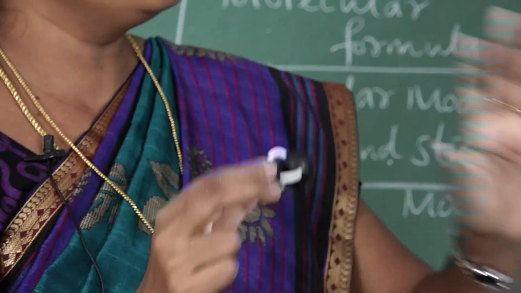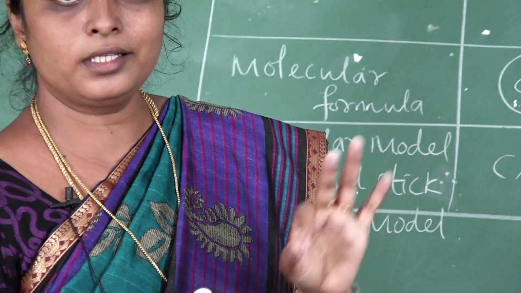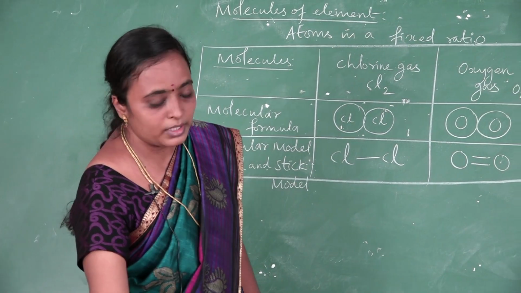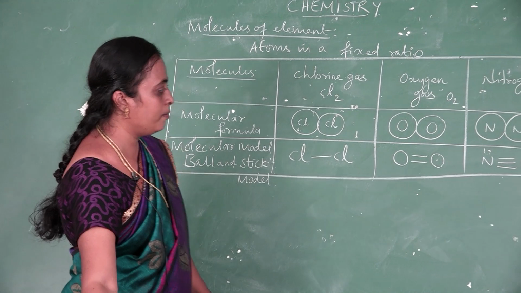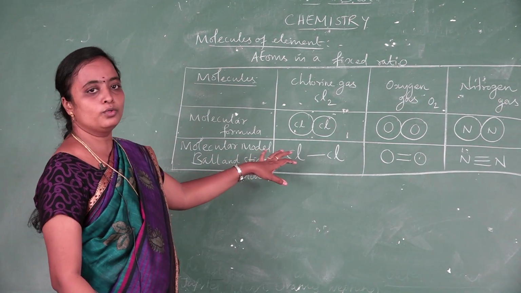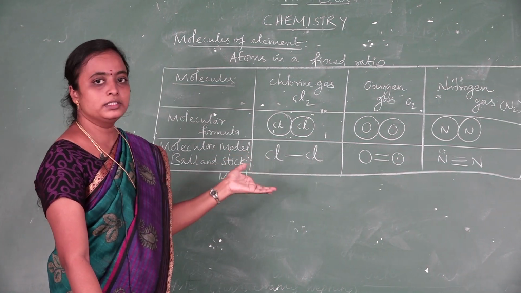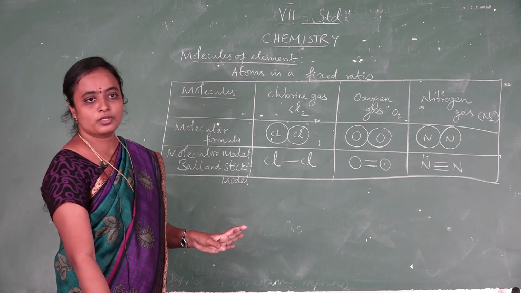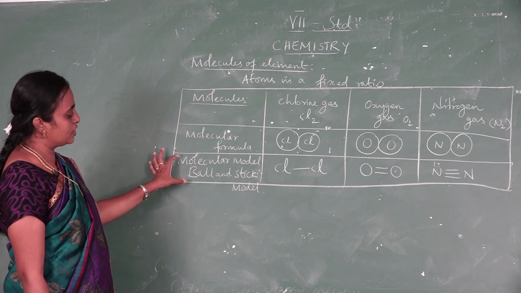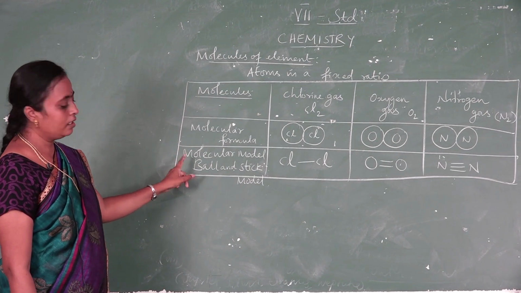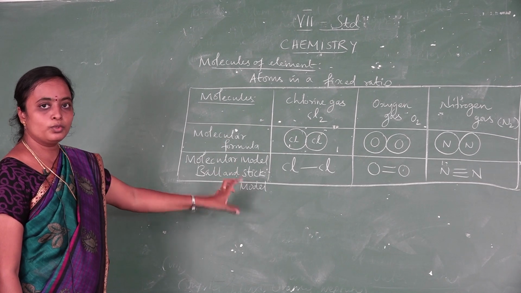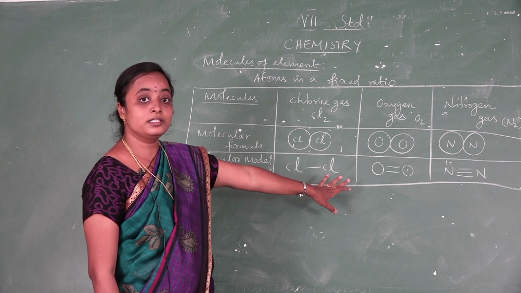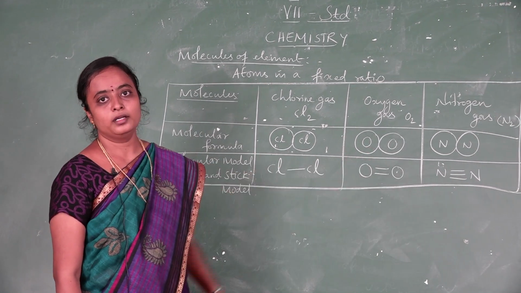So between the two nitrogen atoms there will be three bonds. This is a triple bond character. So from that we can say that to connect two atoms, only one bond is enough, but of course two bonds or three bonds are also possible. This special name, ball and stick model, is given to that molecular model to indicate how many bonds are present between the atoms to form a molecule.